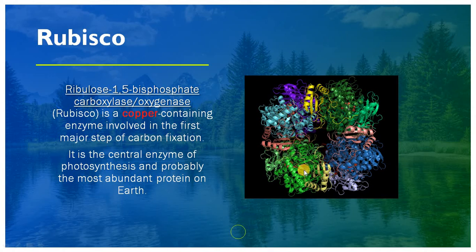So a plant has a lot of them, but it's a little bit faulty. It can accidentally absorb oxygen, but I'm not going to go into details. For your level, this is just enough. Just so you know, it's called Rubisco, and it has a copper core. And it is responsible for fixing the carbon.